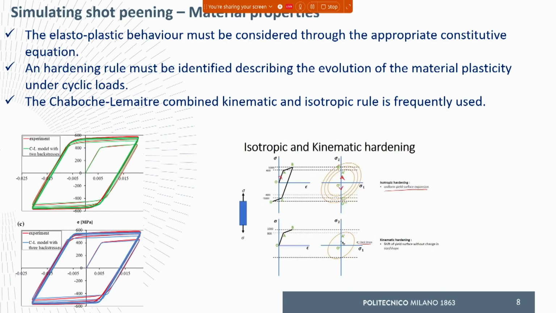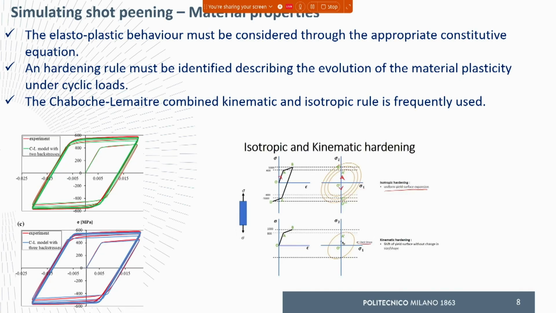What is represented here? What can we see here? Here we can see a sigma-epsilon curve with deviation from linearity, so this is the yield stress, and then we simulate the unloading phase after having reached and exceeded the yield stress.